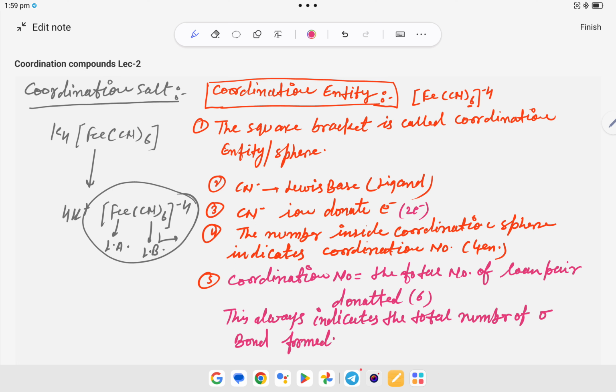This coordination number indicates the total number of sigma bonds formed. Okay. Next point is... no place. So copy it, children. Video will be available, so you can take a screenshot or whatever you need.